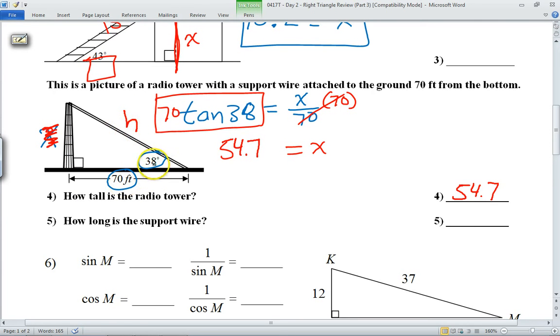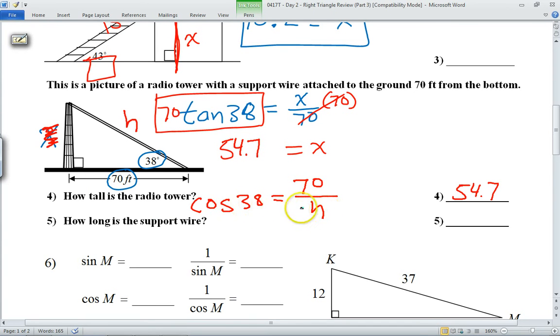This time, still using the 38, we have adjacent and hypotenuse. That's going to be the sine function. No, the cosine function. Cosine of 38 is adjacent over hypotenuse, so that's going to equal 70 over h.